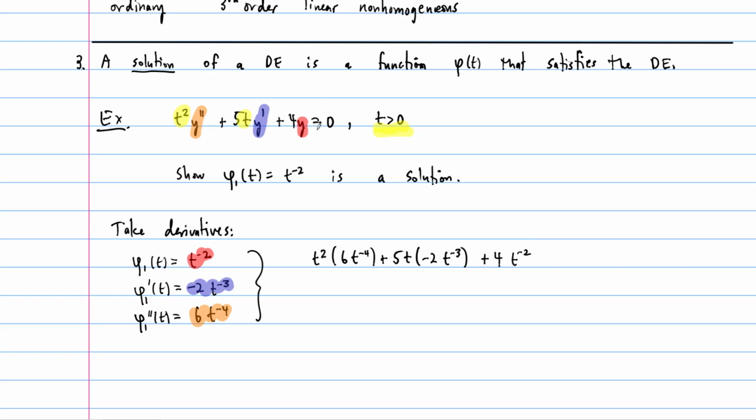And we do not write equals 0. That's what we're checking, right? So now we just multiply all this out, and we see what we get. Look what happens when we combine this. We have 6t to the minus 2, plus negative 10, so minus 10t to the minus 2 as well, plus 4t to the minus 2, and then we see that these coefficients do add up to 0. 0 times t to the minus 2 is just 0, right? And so this checks out. And that's how we show that this phi1 is indeed a solution of that differential equation.